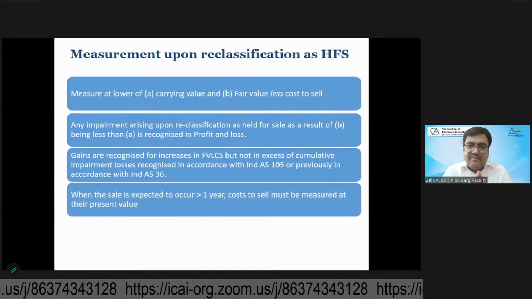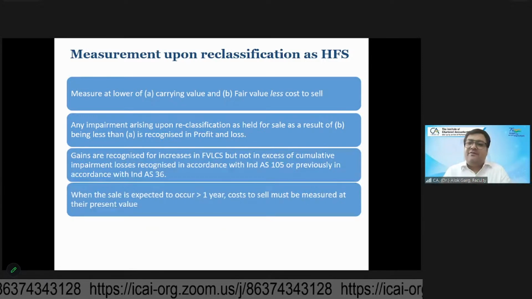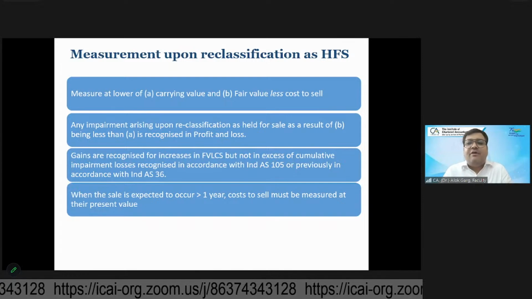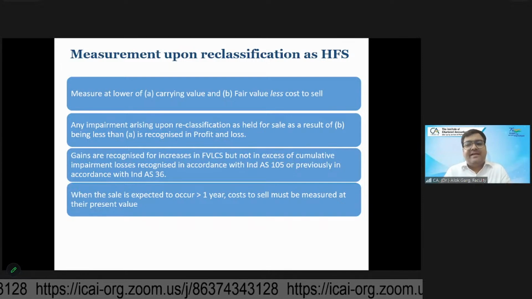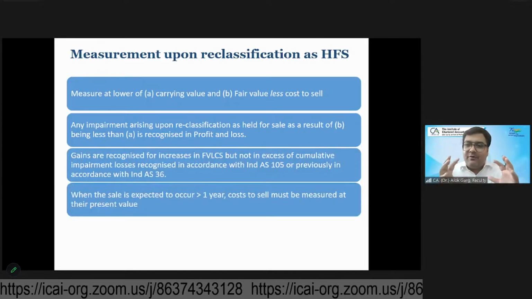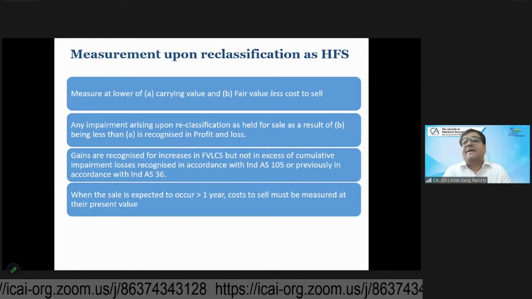So friends, if any asset has become held for sale, step number one, you have to compute the carrying value of that asset as per the respective standard.